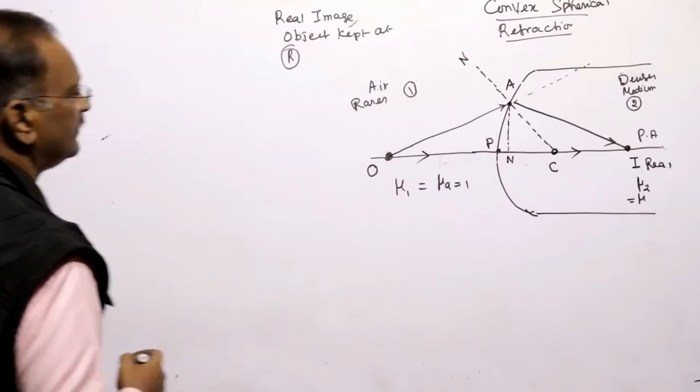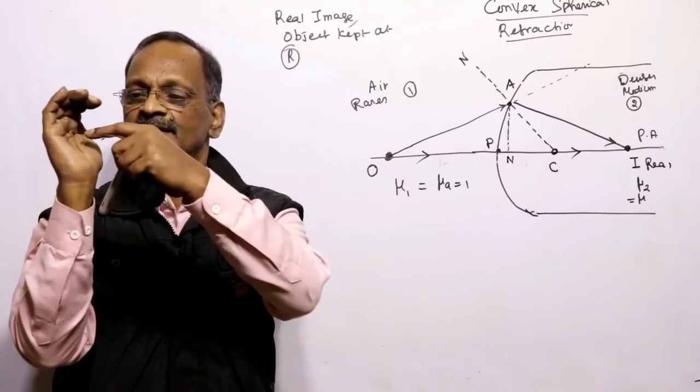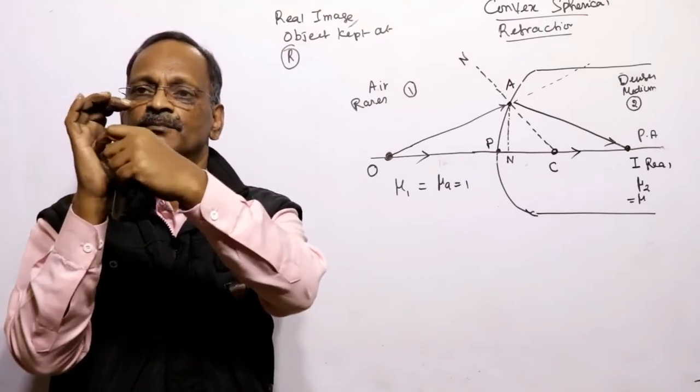Now see here, since the aperture is small, if the aperture is large like this, then this point N and A will have a difference. So both will not coincide.